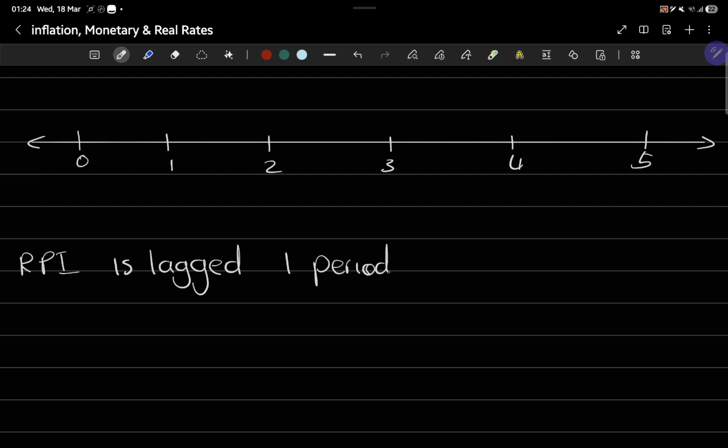In this case, a period will be a year. So what does it mean when I say it's lagged by 1 year? It means that the value here, let's say 97, came 1 year premature. It does not represent the index at time 0. It represents the index at time 1.